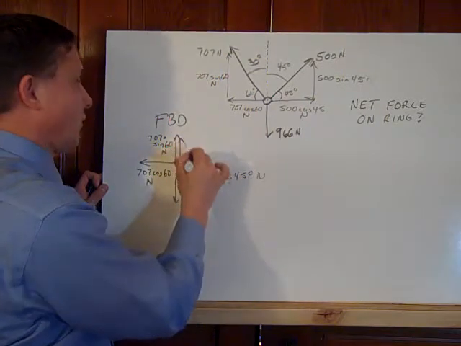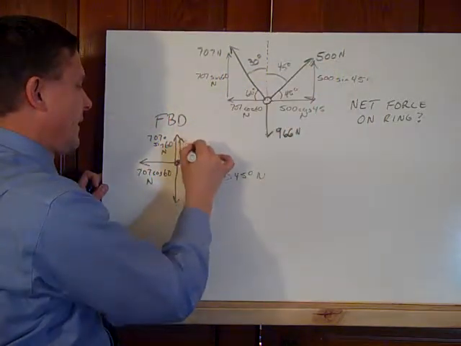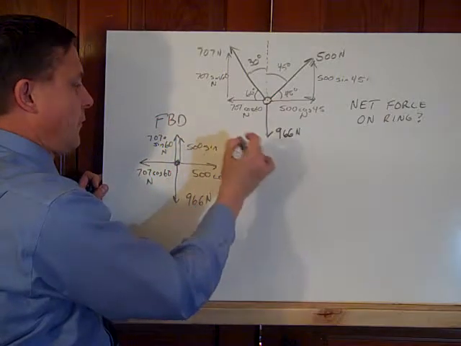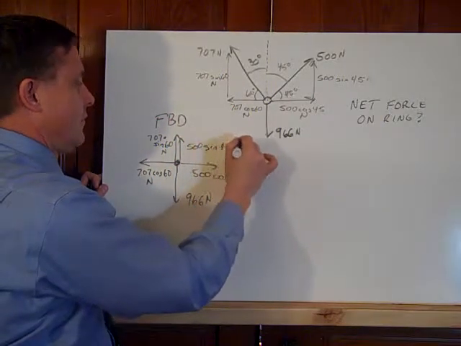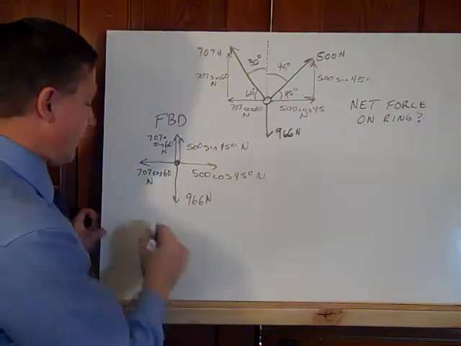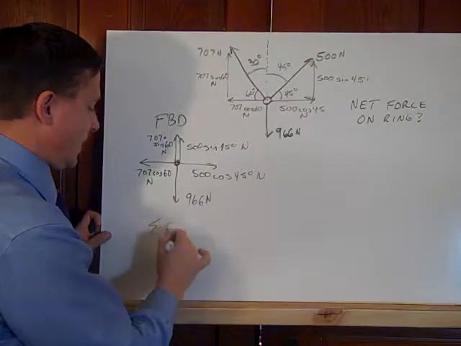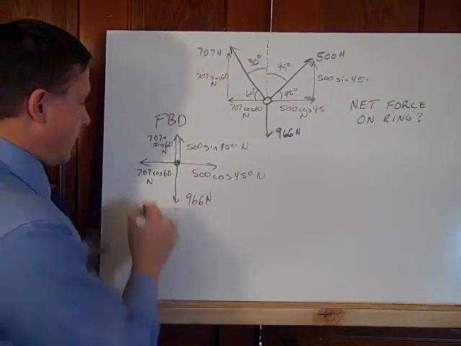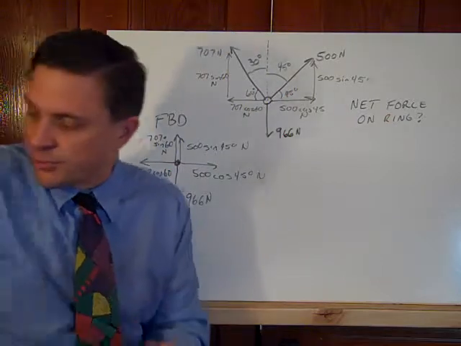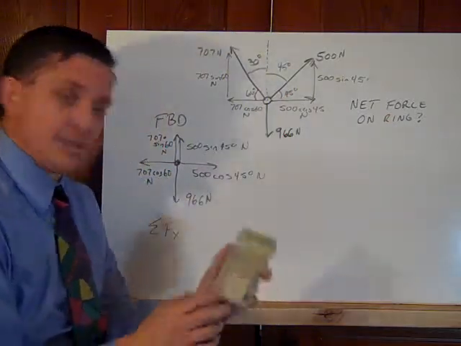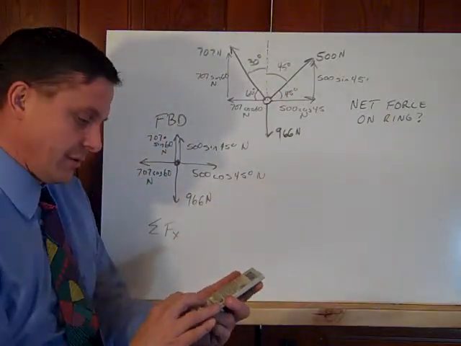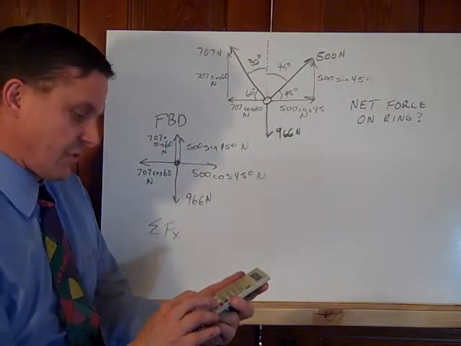And I have another up force, right? 500 sine 45 degrees newtons. So I'm going to sum the forces in the x first, and see what these two come out to be. I have to use a calculator. I didn't prefigure this, so 707 times cosine 60.